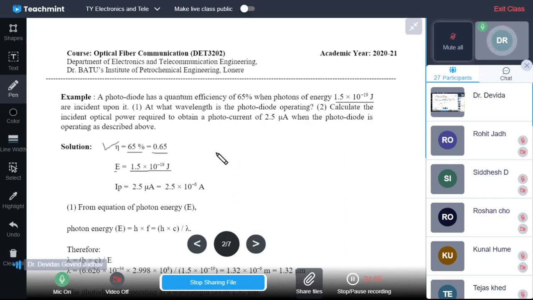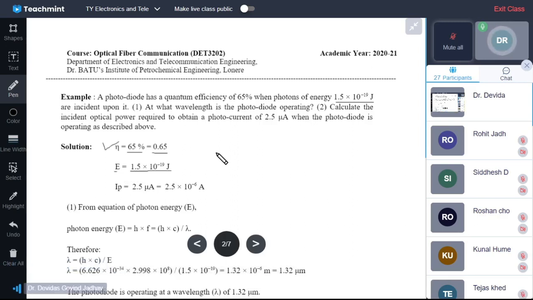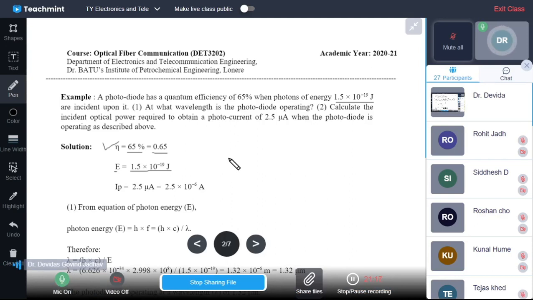It is directly given in joule, not in electron volt, so no conversion is required. If it had been given in electron volt, we would definitely have to convert it into joule.